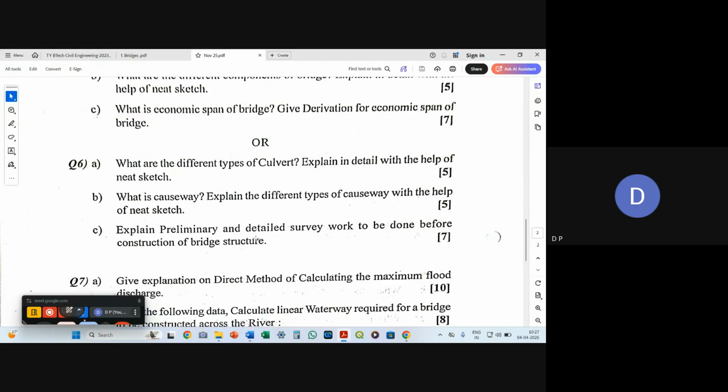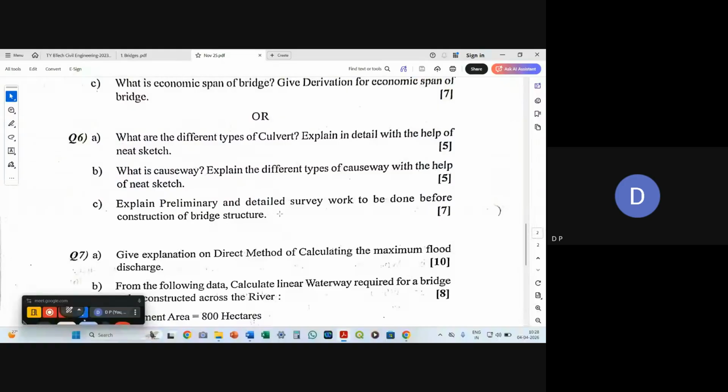So in this particular topic, that is bridges and culverts, you have to remember different types, where they are used, and why a particular type of bridge is used at that particular place, considering economy, topography, need, budget, we can say.